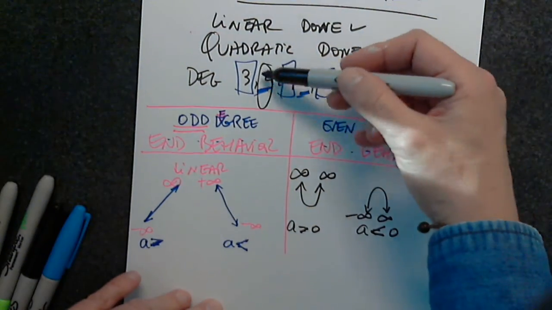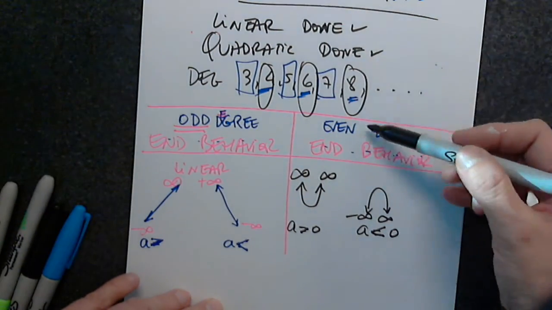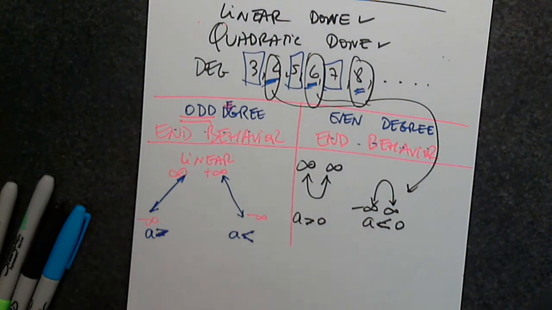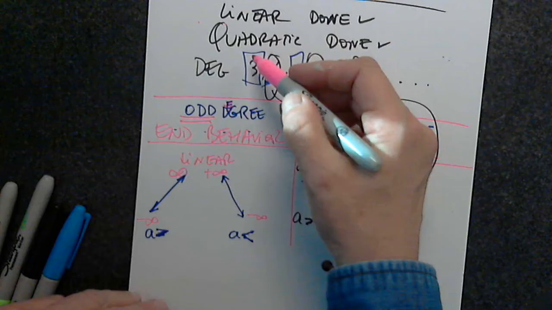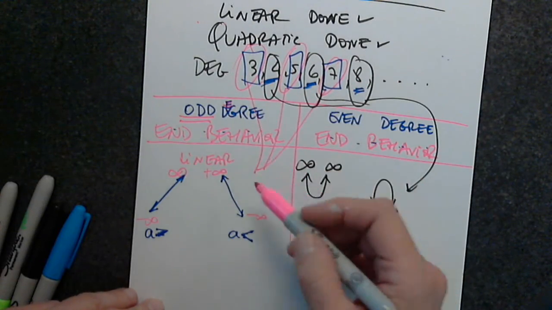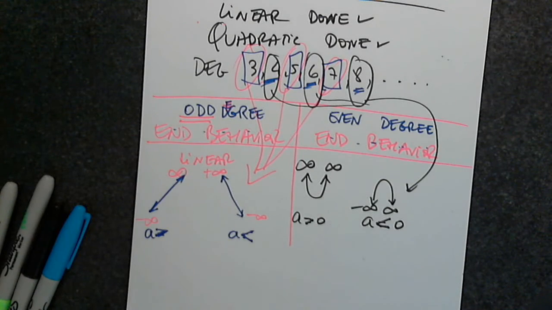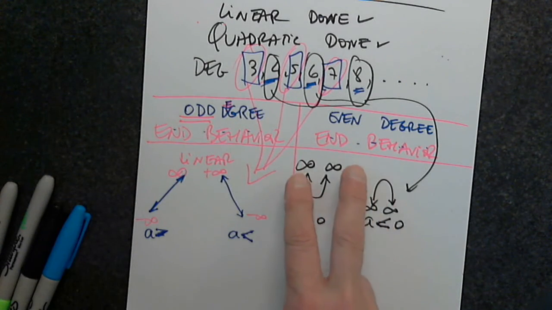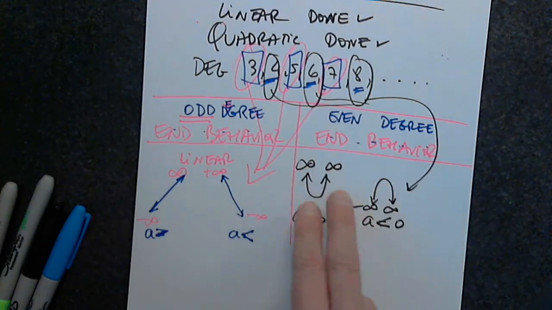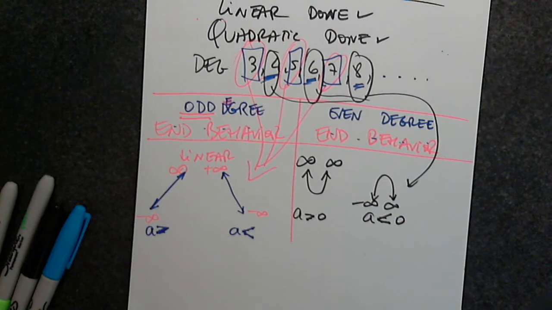It means that all even degree functions will follow the same behavior. All odd degree polynomial functions will follow the same behavior. If the leading coefficient here is positive, all even degree functions will come from positive infinity and go back to positive infinity.